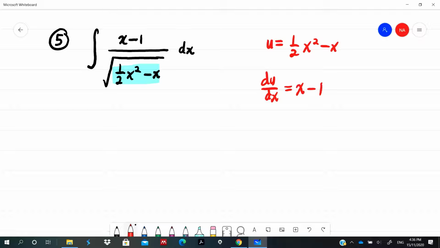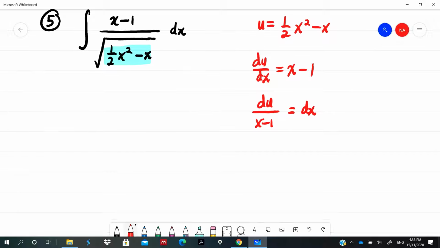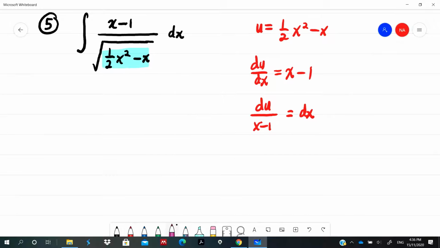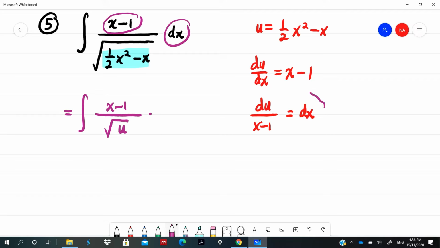So we want to make du over (x minus 1) equal to dx, so dx is the subject. Now we'll rewrite this x minus 1, we don't change anything, so it will become x minus 1. That will become the square root of u. dx will give us du over (x minus 1).